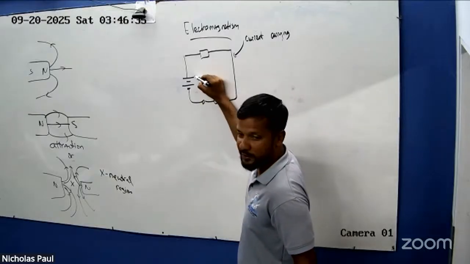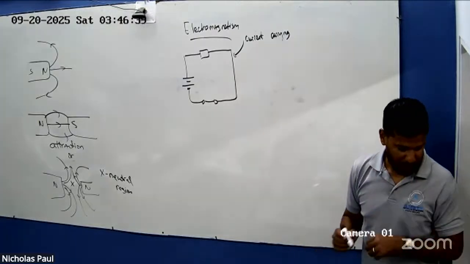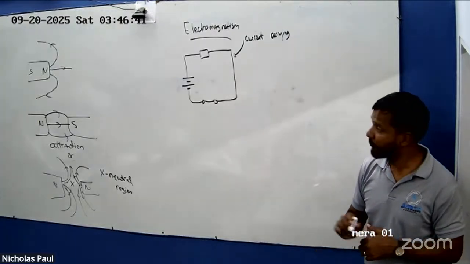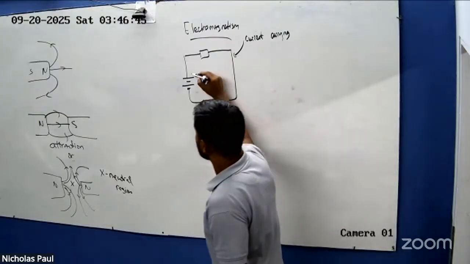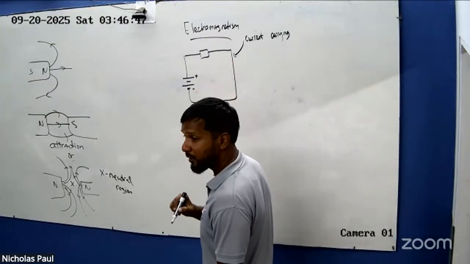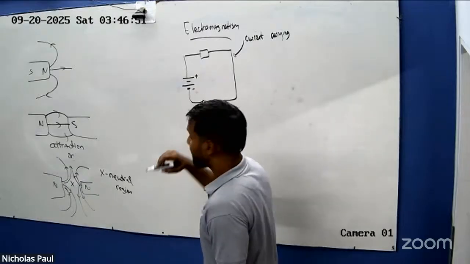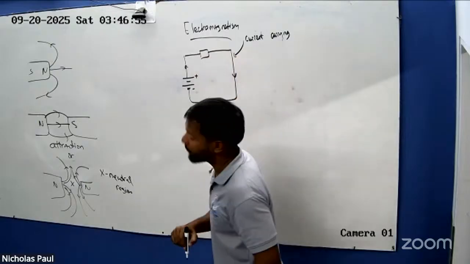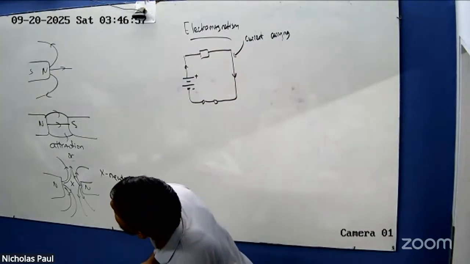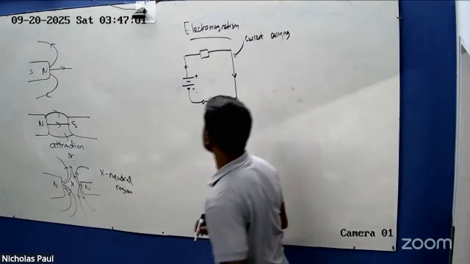The long is the positive, the short is the negative, and conventional flow is from positive to negative. So current going this way, right?